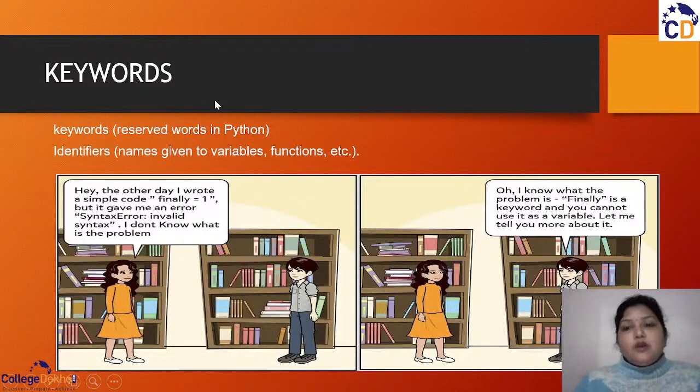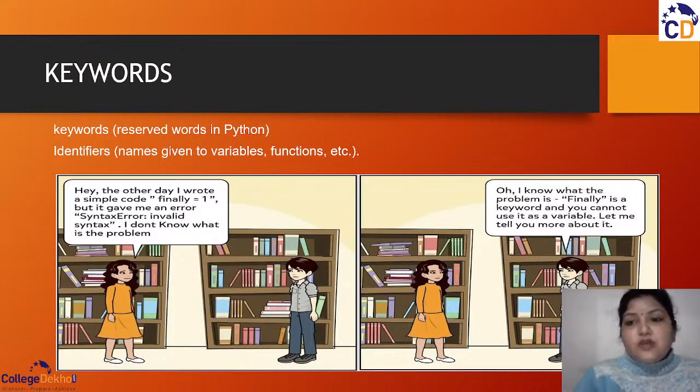Yeah. So what are keywords? Keywords are the reserved words, or you may say they are predefined words in the library, that you cannot use as an identifier or a user-defined variable, right? Suppose I am talking about your name. Your name is a variable.